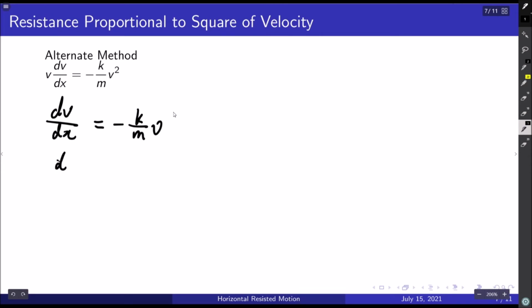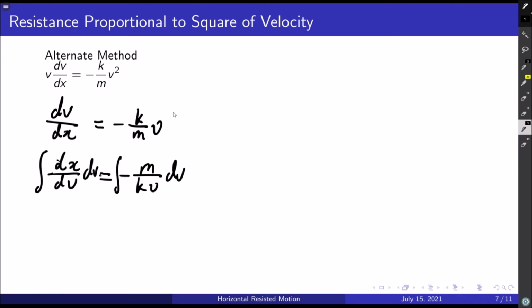So it's dx over dv equals negative m over k v, and we integrate everything with respect to v. So x equals negative m over k, and 1 over v gives log v, plus c.